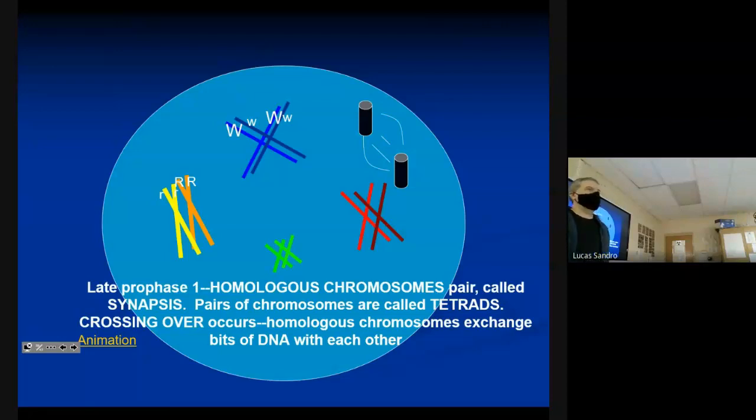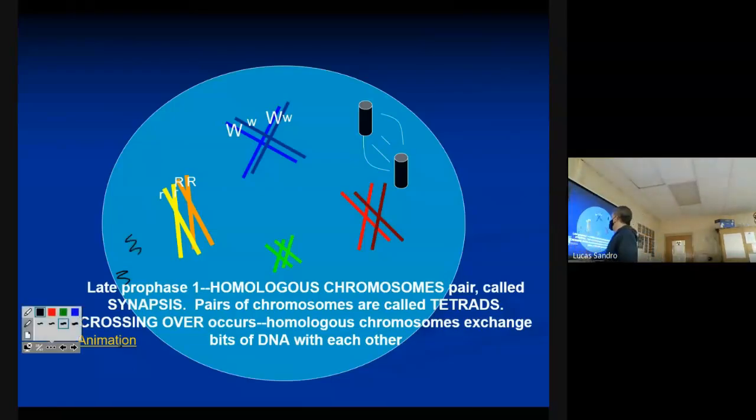The first and really, really, really important thing that happens that's different from mitosis here is while these chromosomes are stuck to each other, they trade pieces. They trade pieces of each other. There we go.